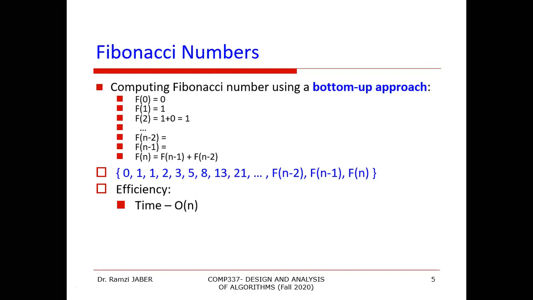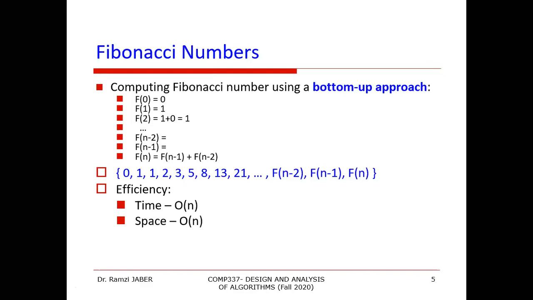So we enhanced the complexity: before, from top down, it was order 2 power n, exponential. Whereas here, order of n, it's very fast.